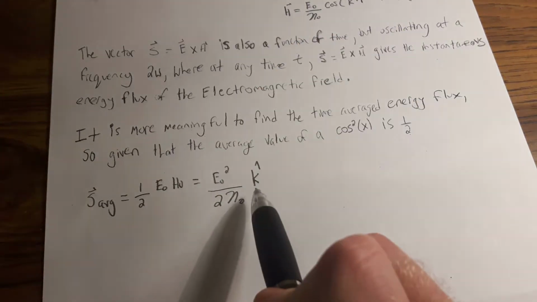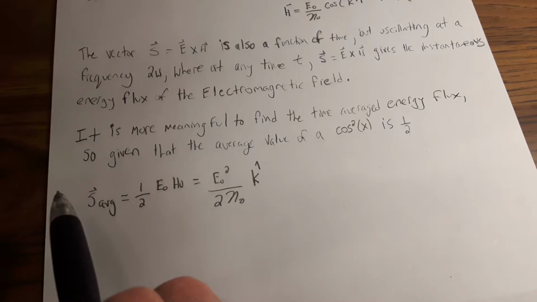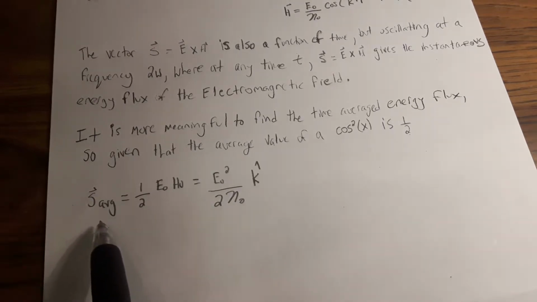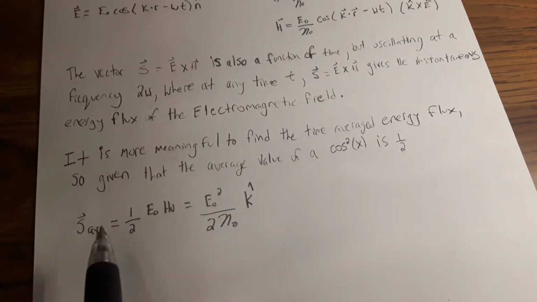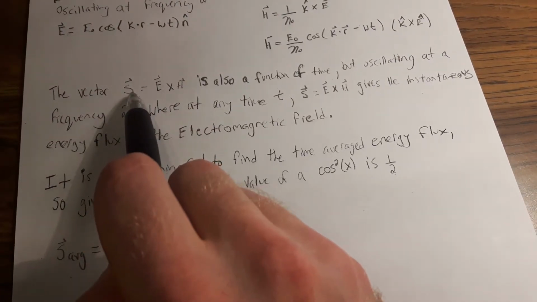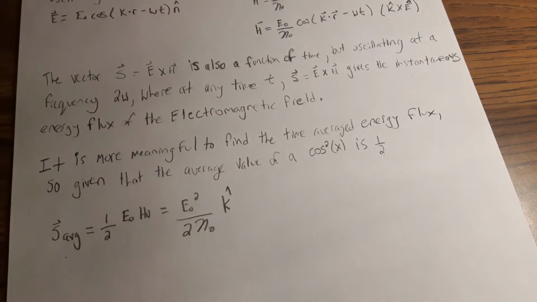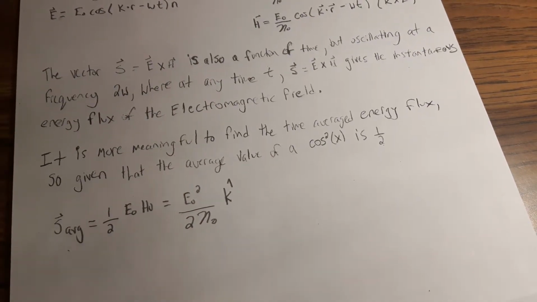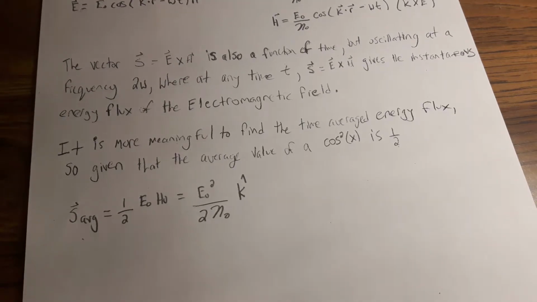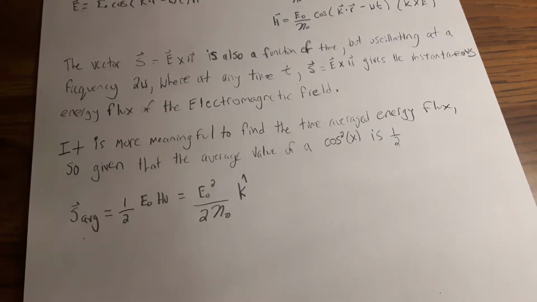And that is in the direction of propagation. We call this the time-averaged Poynting vector, while just S is called the Poynting vector. Once again, the time-averaged Poynting vector is far more indicative of the power contained within the electromagnetic field.